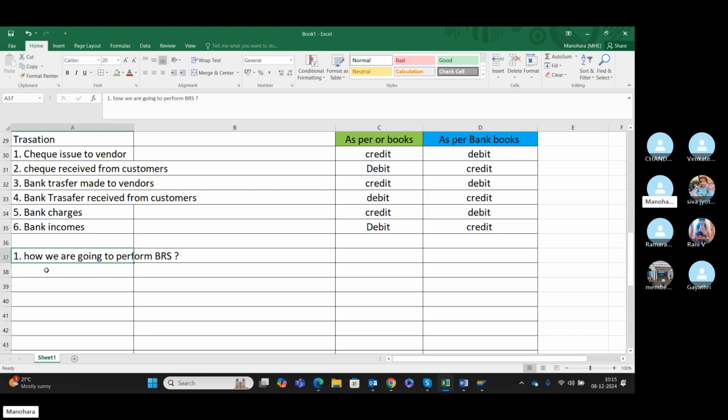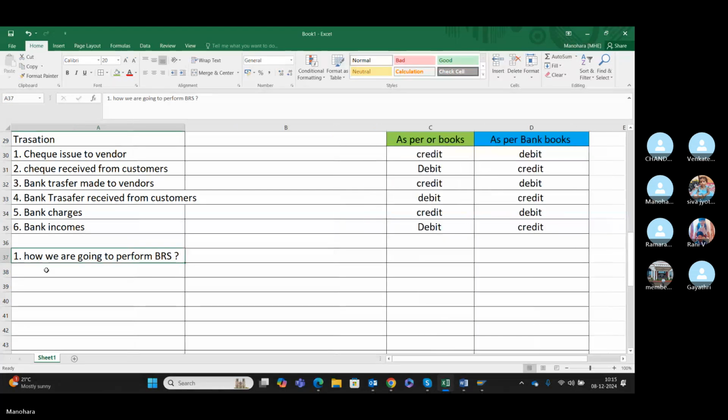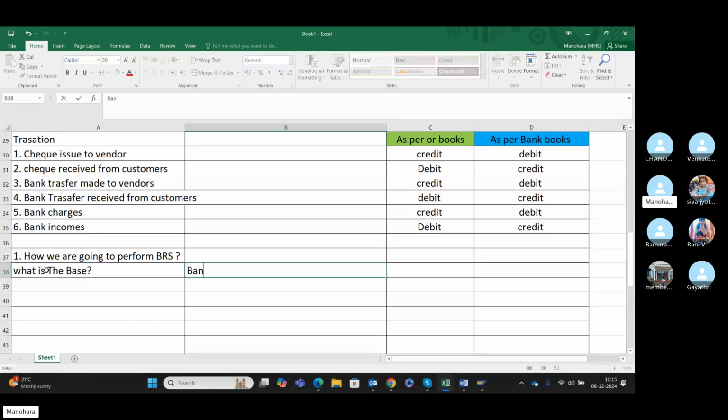If you wanted to perform the BRS, what is the base? First of all, if you want to perform the BRS, the base is the bank statement, right? Without a bank statement, we cannot perform it. For BRS, the bank statement is mandatory, right?